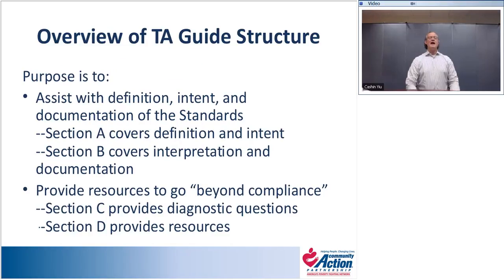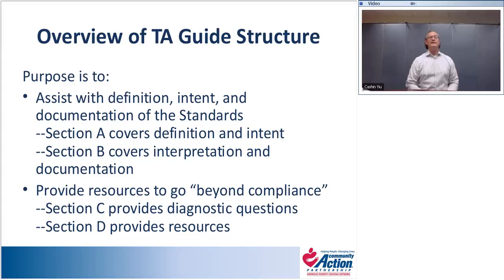To begin with a quick overview of the structure of the Technical Assistance Guide, this is the same across all guides for all categories. We have two primary purposes that we're trying to address with these technical assistance guides. The first is obviously to help our agencies make sure that they are in compliance with the standards. For every standard, you will see a Section A and a Section B, which provides that background information related to compliance with the standard.